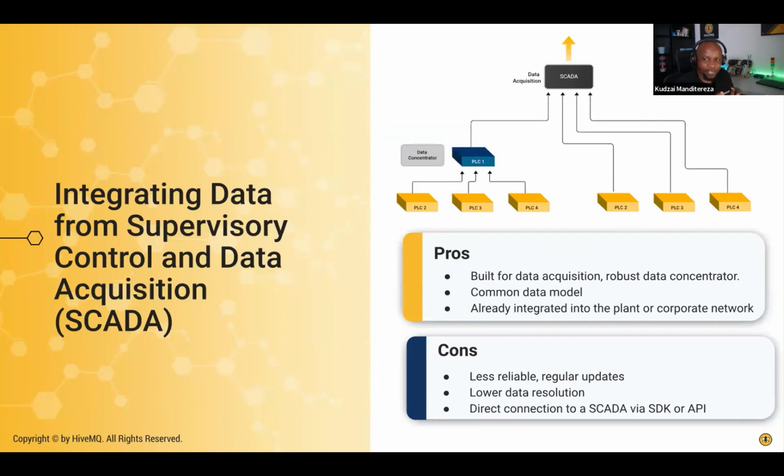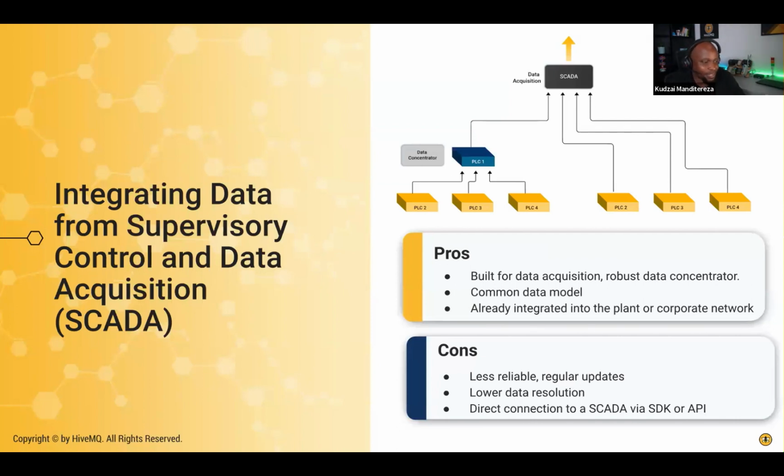That is an advantage, where you're accessing data that is already contextualized to some extent. And SCADA systems already live within your corporate or plant network. So it makes it easy to integrate into an IT network, because all you need to do is tap into that Ethernet network, collect data, and then move it into the other domain.